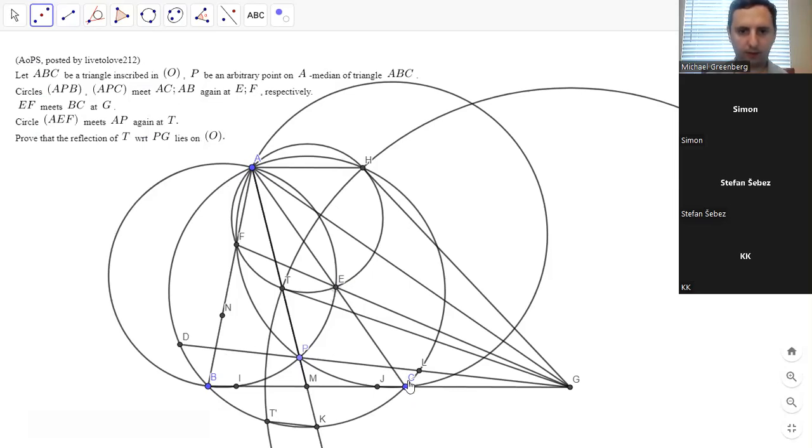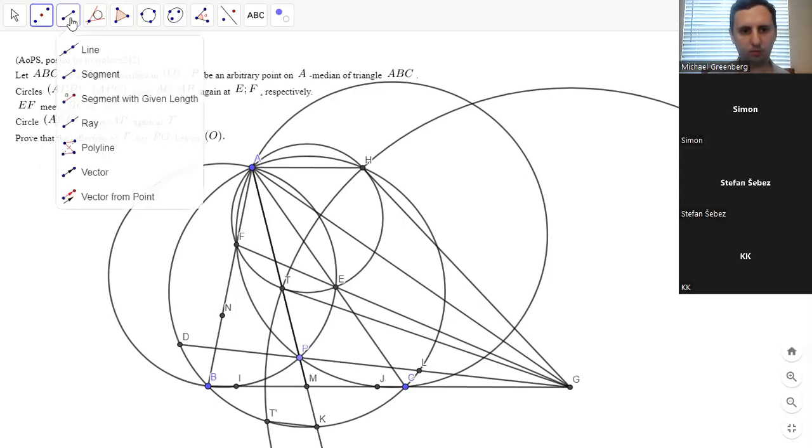We want to show that ANPH is cyclic, where N is the midpoint of BF. Then we can probably use gliding principle, right?